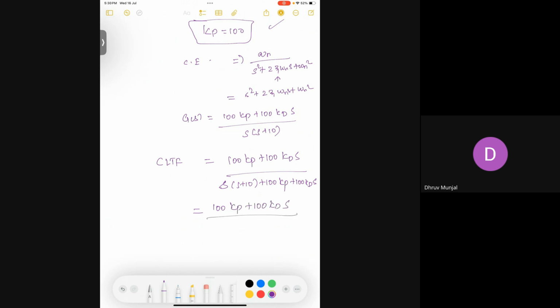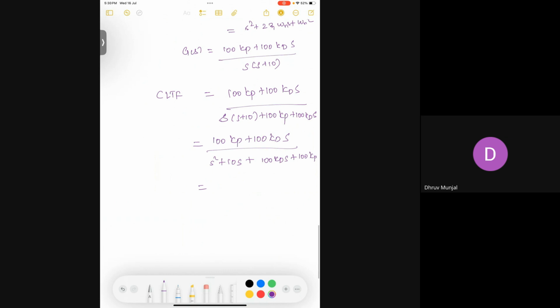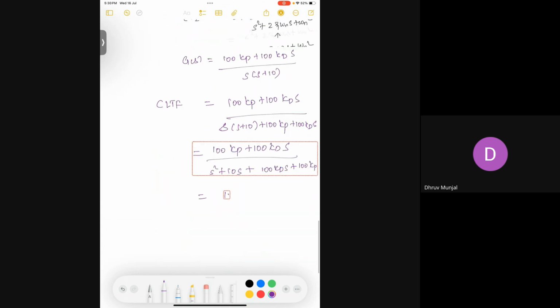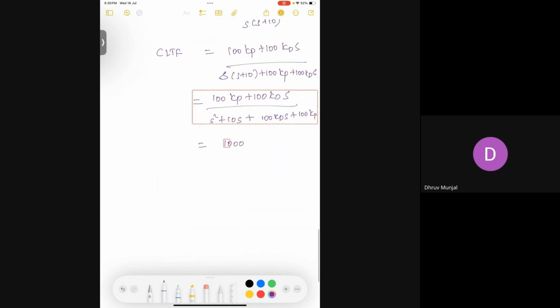This will give you s square plus 10s plus 100 Kd s plus 100 Kp. Kp you already know. You can use the Kp here. This will give you 100 into, what is the Kp? 100. So this will be 10,000 plus 100 Kd s divided by s square plus 10 plus 100 Kd into s plus 10,000, right?